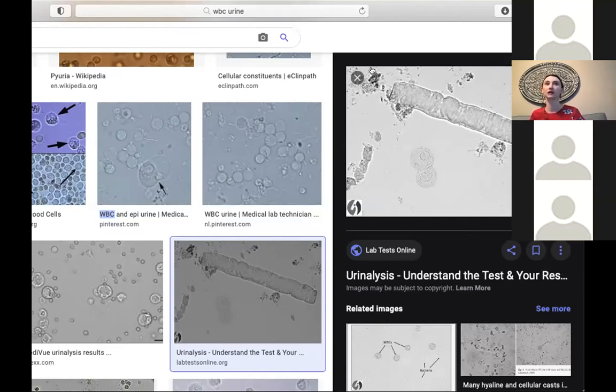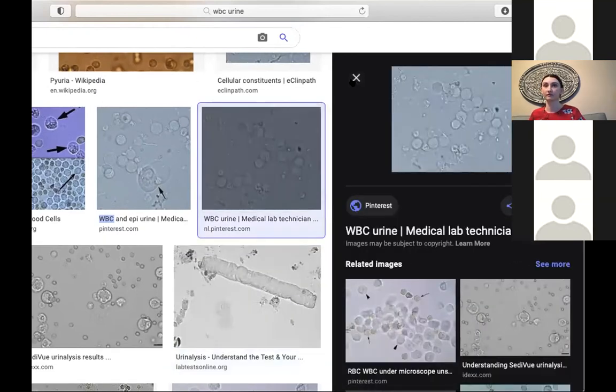However, this one looks bad. These are some squamous cells, and then we've got some bacteria right here. And then these are all white blood cells. This would be a red blood cell because you can see that concave shape.